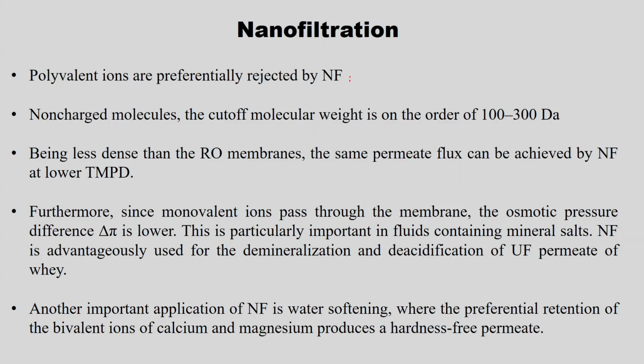The polyvalent ions are preferentially rejected by nanofiltration. For non-charged molecules, the cutoff molecular weight is on the order of 100 to 300 Daltons. Nanofiltration membranes are less dense compared to RO membranes.